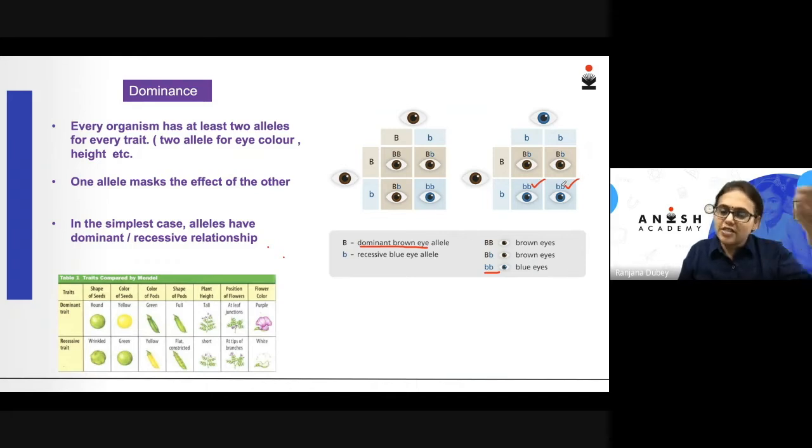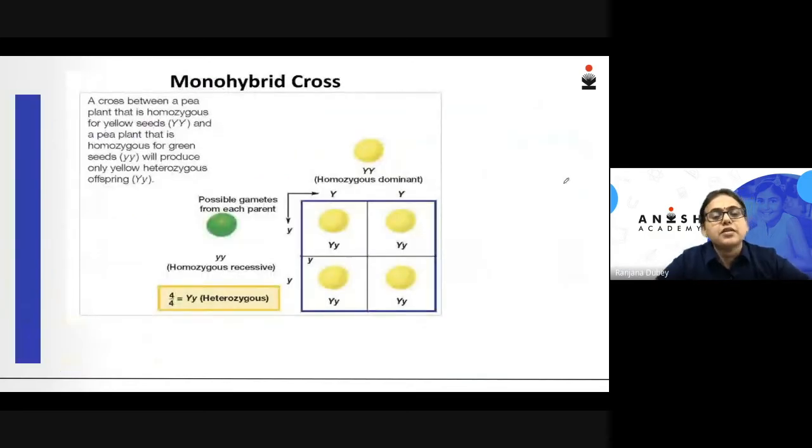Thus he said that alleles always have a dominant and a recessive relationship among them, and one allele always masks the effect of the other allele. Now, after introducing the concept of dominance, he performed crosses among the true breeding types in the pea plant.